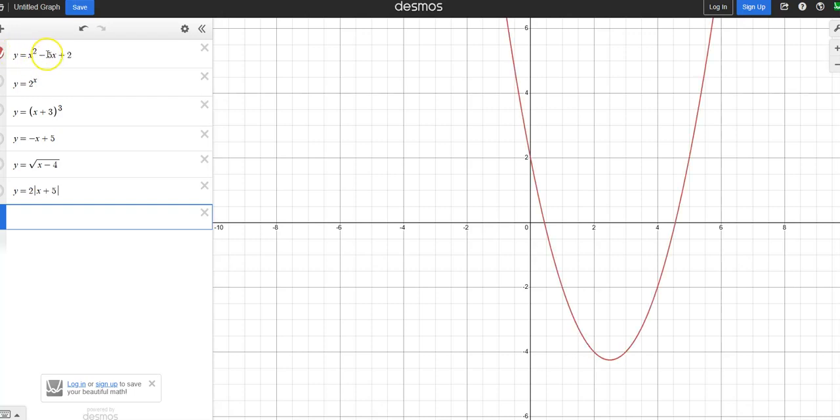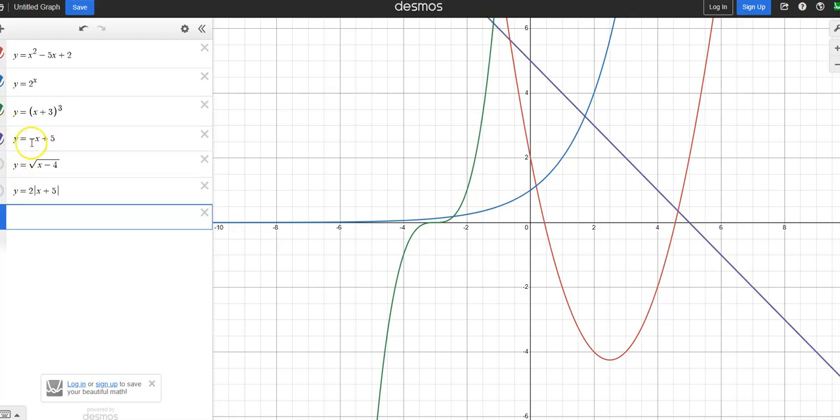If I graph that top one, I get this red line here. If I graph this second one, 2 to the x, then I get this blue line. Green is this x plus 3 to the third.